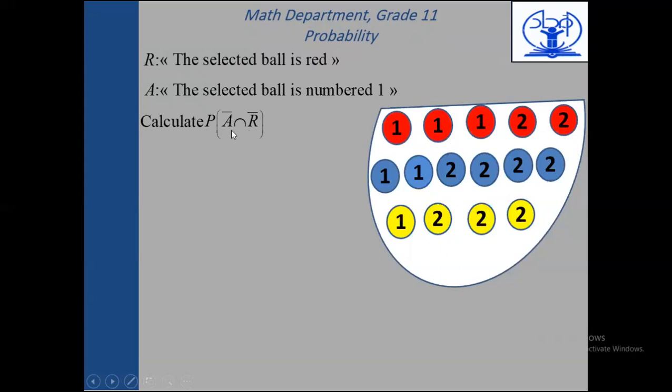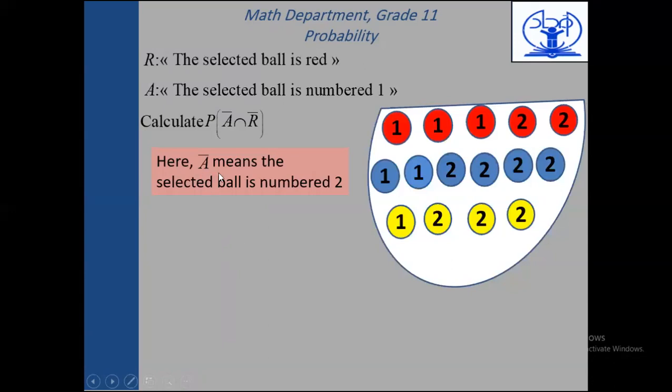By the way, whenever you have intersection in such problems, intersection is easy to interpret. So what are the balls which are not red and carrying number 2? It's easy. These balls are carrying number 2 and they are not red. And these 3 balls here. So simply you can count the balls. But some students may use formulas. It's up to you, by the way.